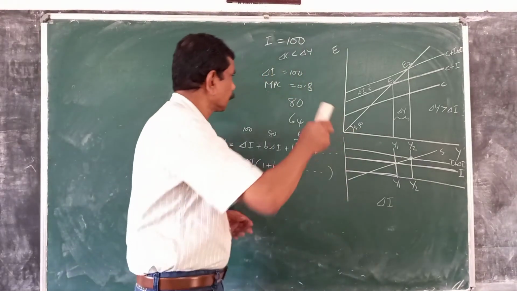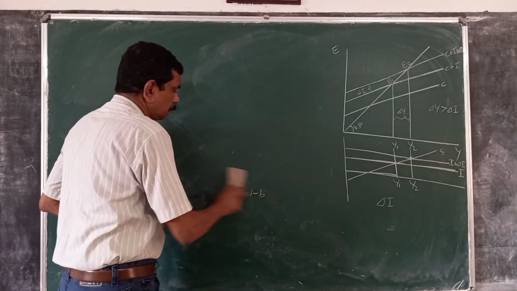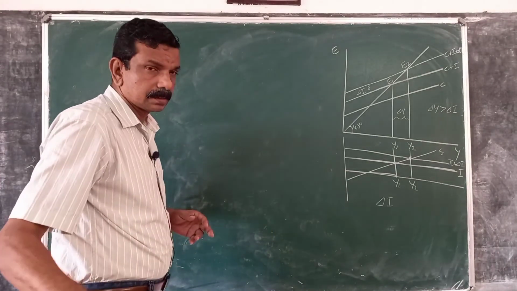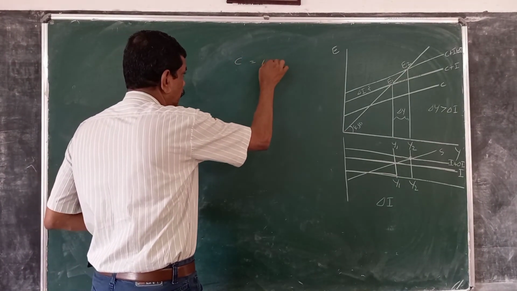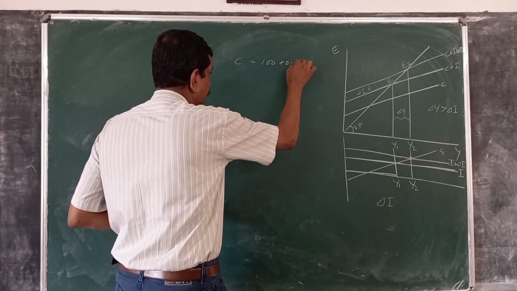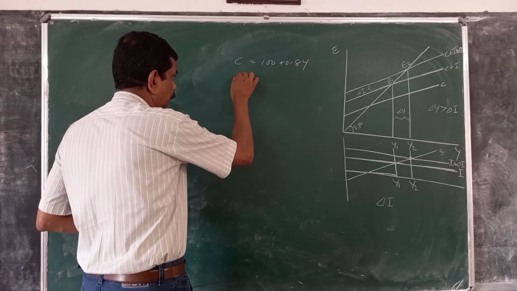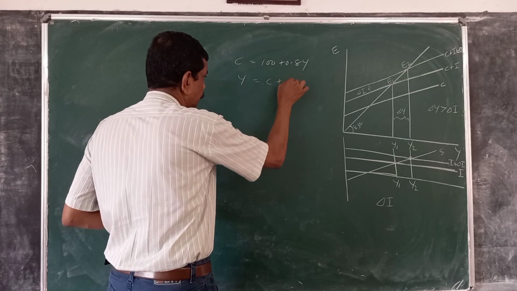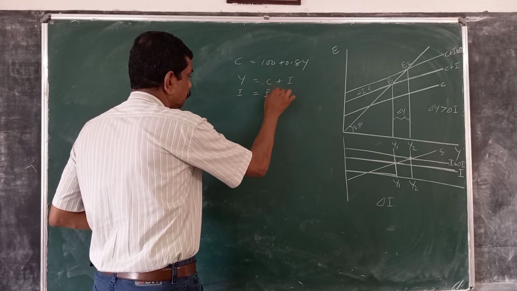Now, consider this. In the previous class, we introduced C is equal to 100 plus 0.8Y, and the equilibrium condition is Y is equal to C plus I. Let I is equal to I bar is equal to 20.